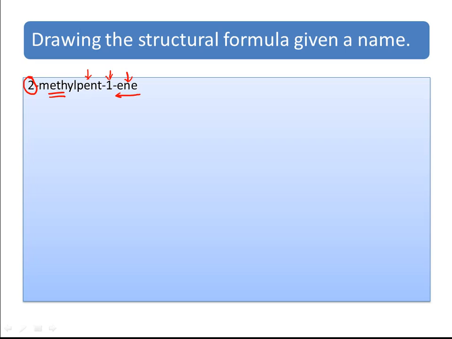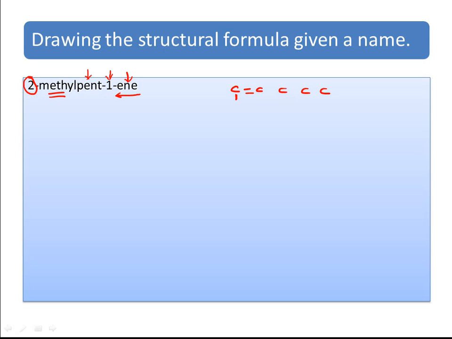So using this, I'll first of all start by putting together the backbone, which is the parent chain. On carbon number 1, this one here, this is my first carbon, so that's the carbon that owns the double bond.